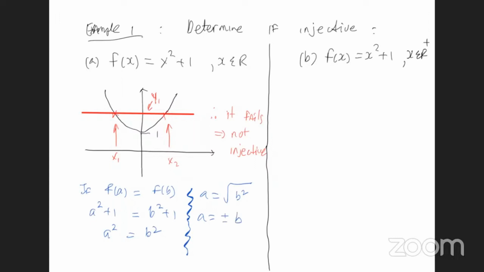So if you look there, because a is equal to plus b and a is equal to minus b, then the rule doesn't hold. Not injective. But if we got a equal to b, then it is injective. So I want you now, based on what you learned in example 1, to try part B, but do it both ways, horizontal line test and the mathematical method.